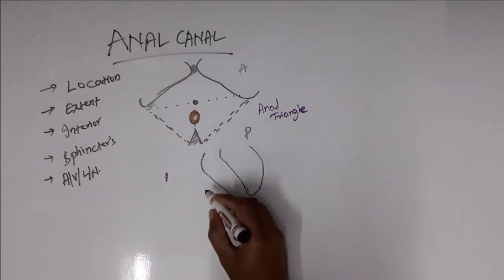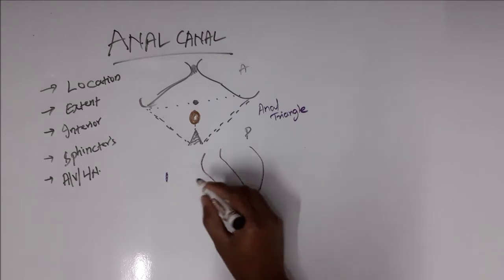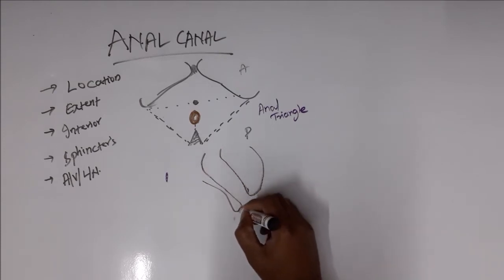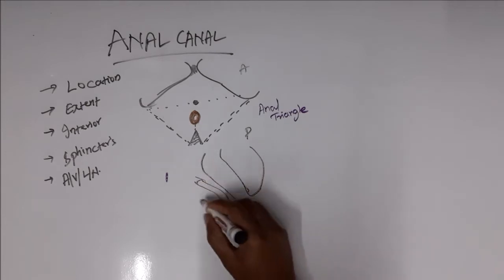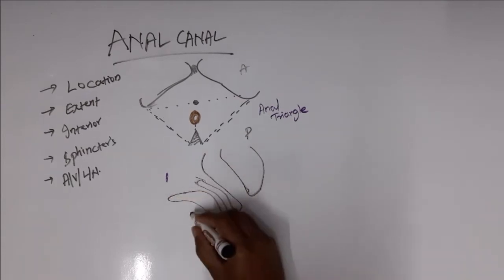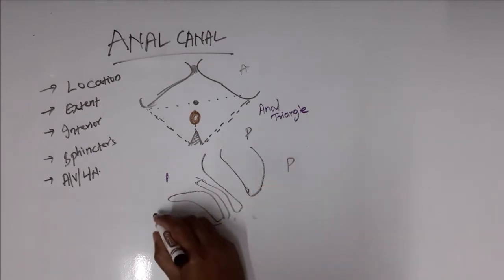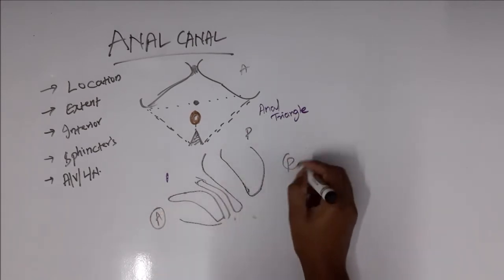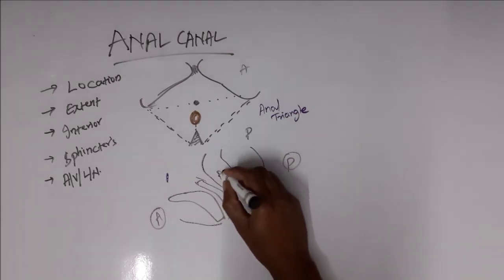This is the posterior part. Anteriorly, if it is females, there will be the vagina, and anterior to that there will be the urinary bladder. So this is the anal canal.